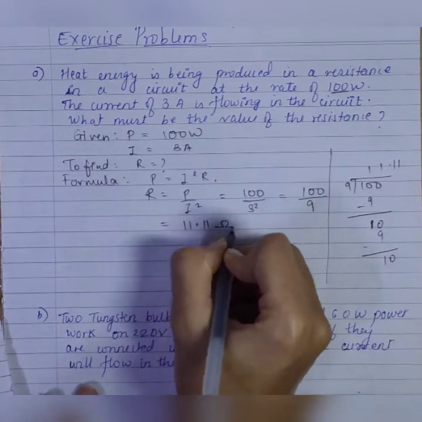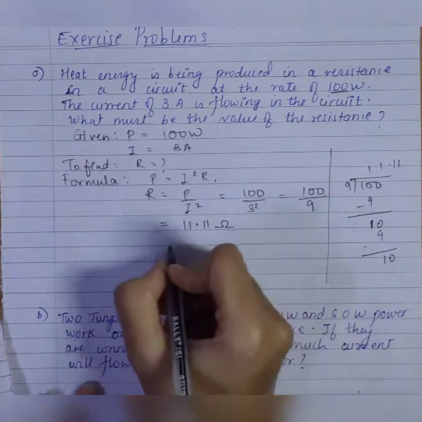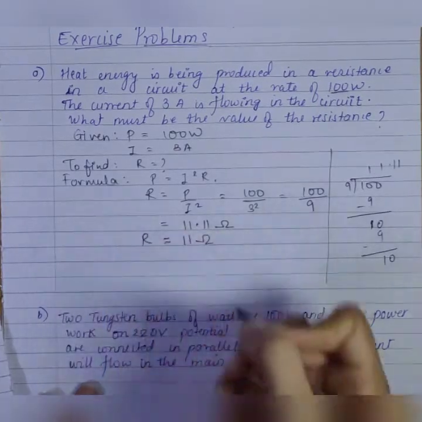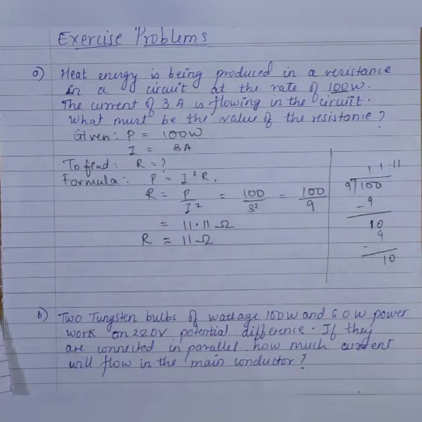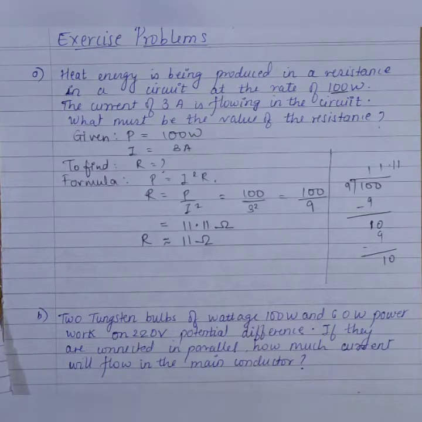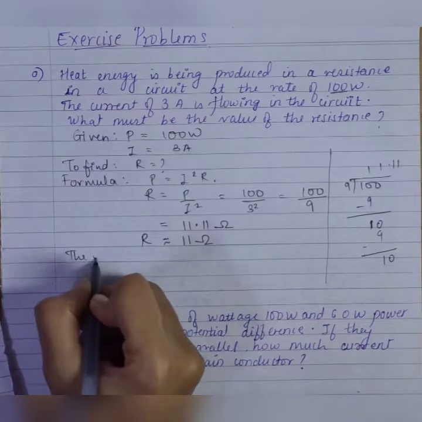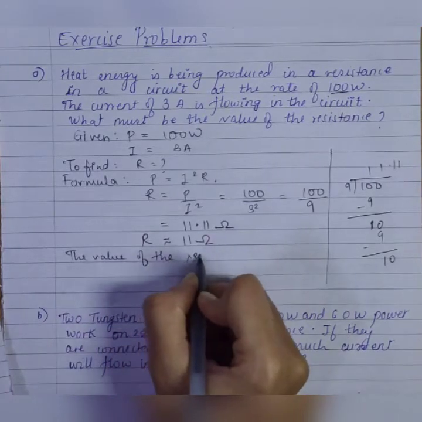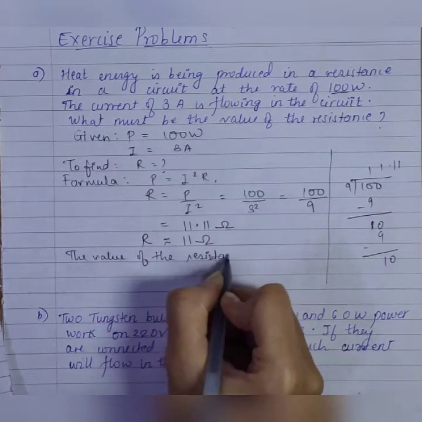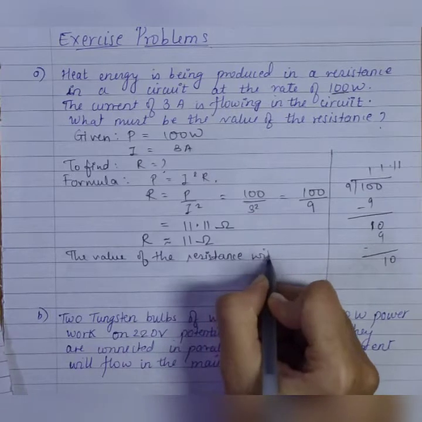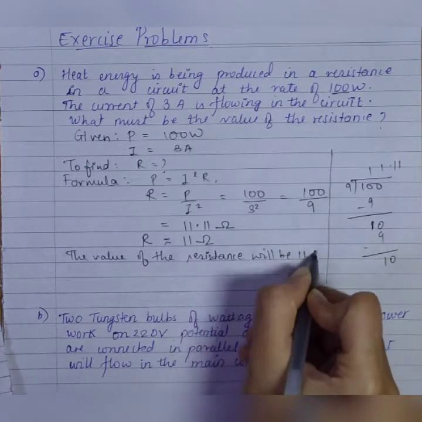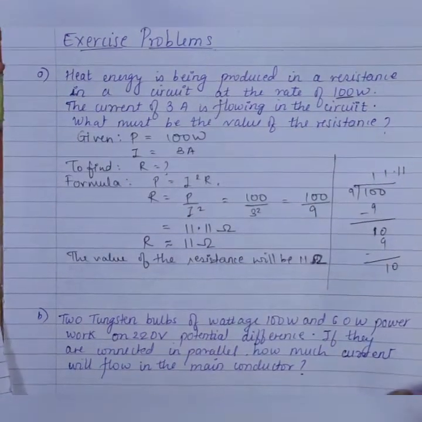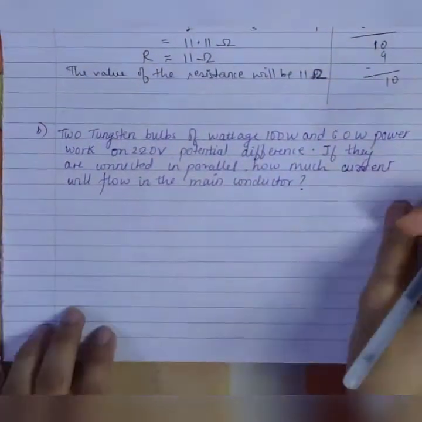Actually it is 11.11 ohms, but you can write it approximately as 11 ohms. So your R is 11 ohms, and as your answer you will write: the value of the resistance will be 11 ohms. Fine.